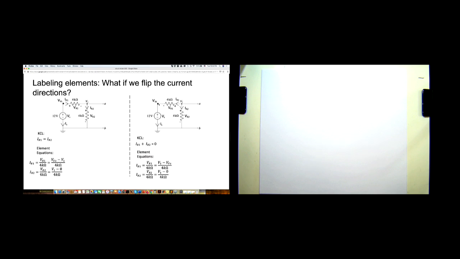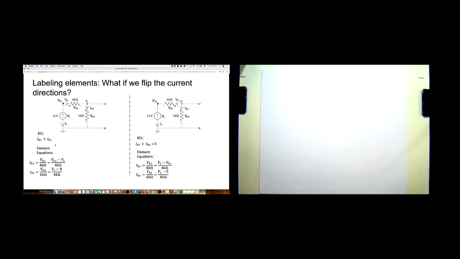The only important part and the only place where you can go wrong is if you do not follow passive sign convention. So since you pick IR1 to go from left to right, you need to say that the plus is on the left, the minus is on the right. Conversely, if you pick it to go from right to left, the plus is on the right, the minus is on the left. Does that make sense?